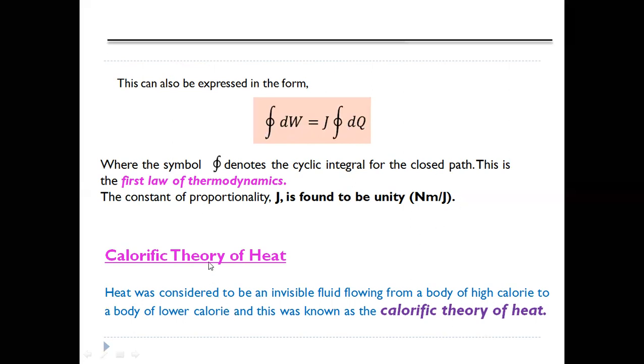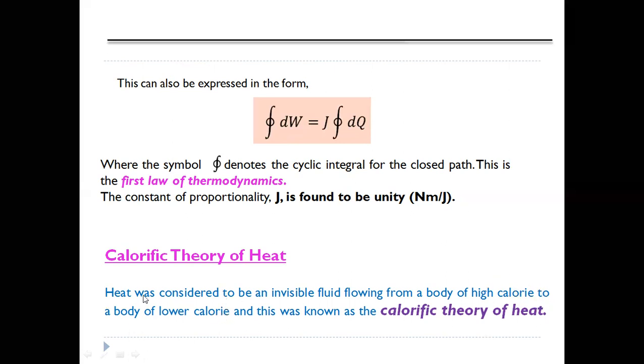So coming to the definition of the calorific theory of heat. What do we mean by the calorific theory of heat? It means heat will always flow from a higher temperature body to a lower temperature body. The heat transferred from the higher temperature, we can call it higher calorie also, that means from a higher energy body to a lower energy body.